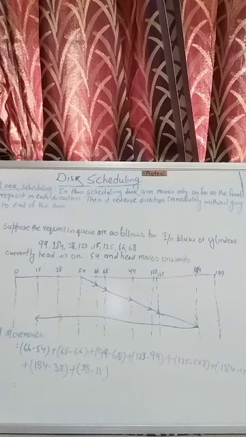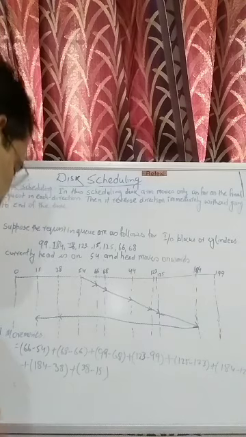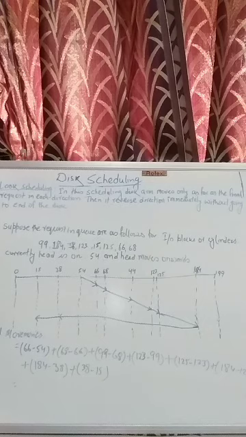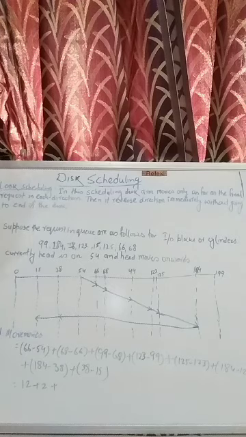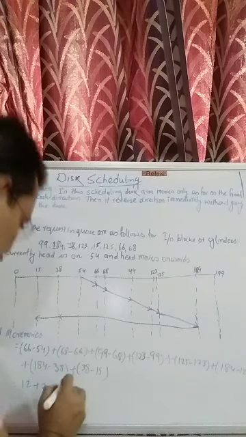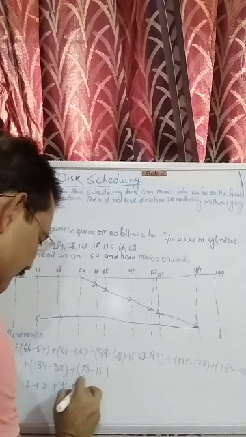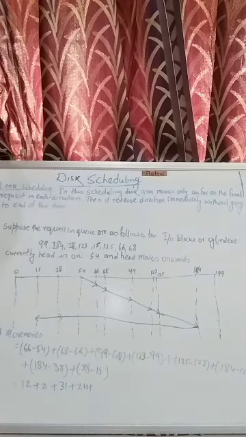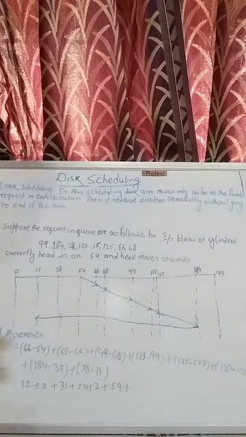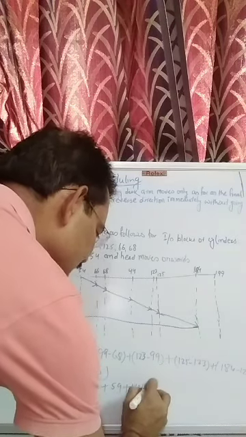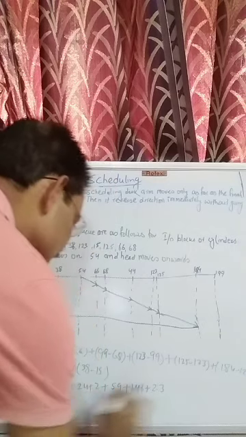So the head movement in this case is 12 plus 2 plus 31 plus 24 plus 2 plus 59 plus 146 plus 23.